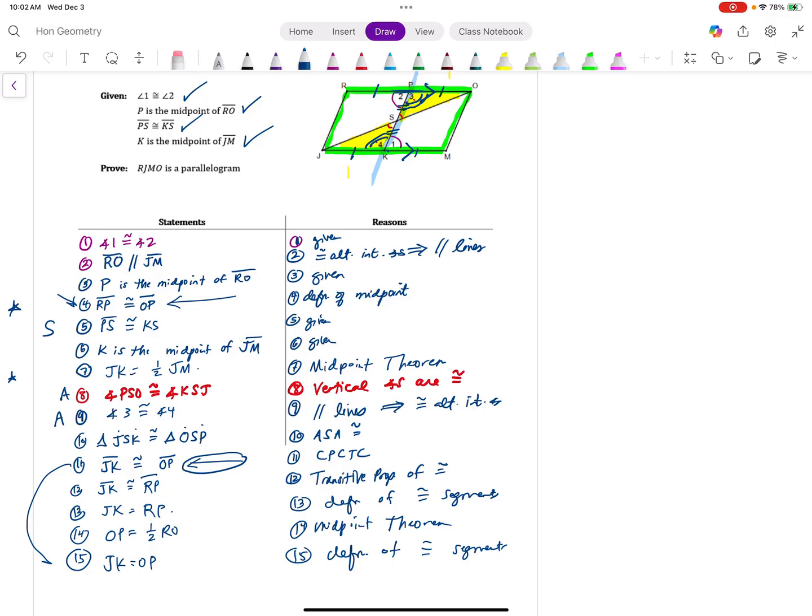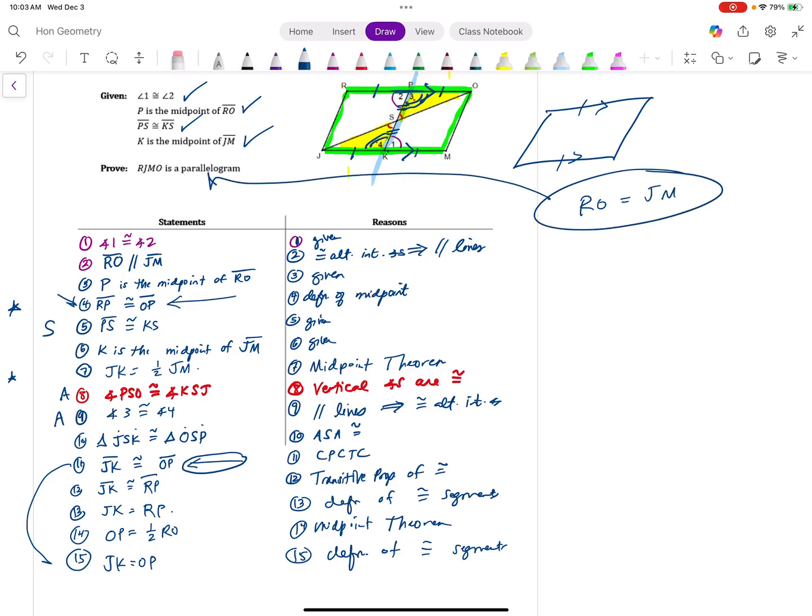I gotta have something to plug in here to tie it all together. And I've got so many things written down, I don't know what I want to use. Here's what I'm looking for. I'm going to make it a parallelogram, because I know that's true. And I was trying to get around adding those two up and setting them equal to each other. But because I want to get to saying RO equals JM, okay, so that's what I'm trying to get to here.